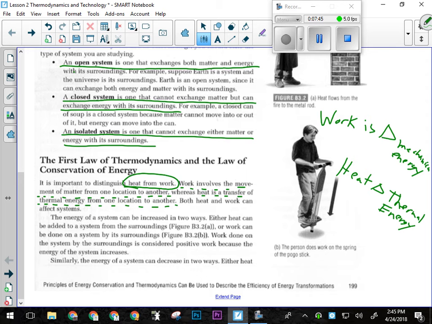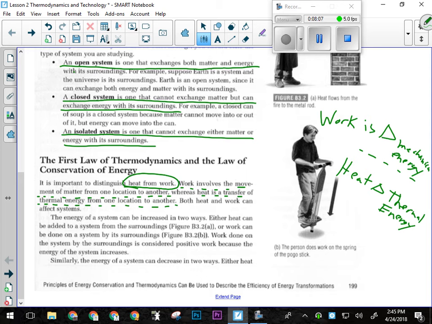Okay, if I have a system and I want that system to have more energy, there's two ways to do that. I can do work on it. If I do work on it, then I'm going to add mechanical energy. And that might make the system move faster, or move higher or something like that.